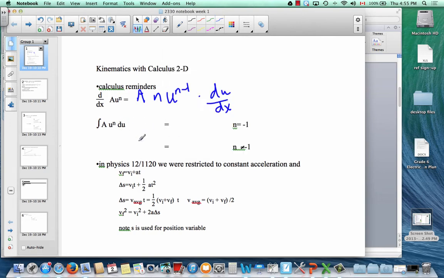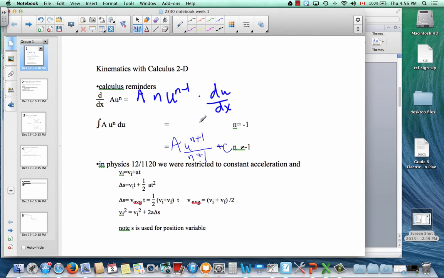For integration, the power law says, once again, pull the constant out. You increase the exponent by 1. But then, of course, you have a constant to add on the end if you're doing an indefinite integral.